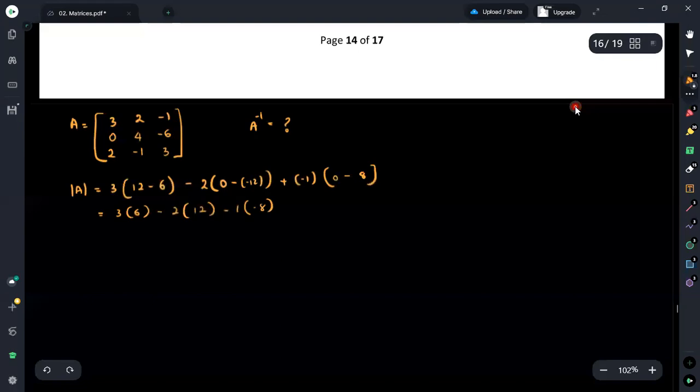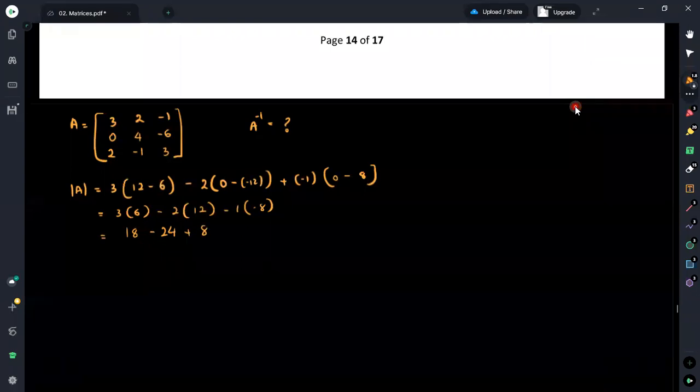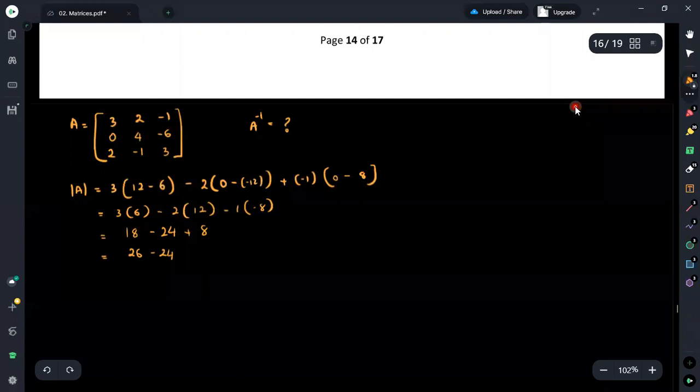Therefore, once we perform the calculation, it is 3 times 6 minus 2 times 12 minus 1 times minus 8. This leads to plus 18 here, then minus 24 here, and then again plus 8 here. We get 18 plus 8, it is 26, minus 24 leads to the value plus 2.